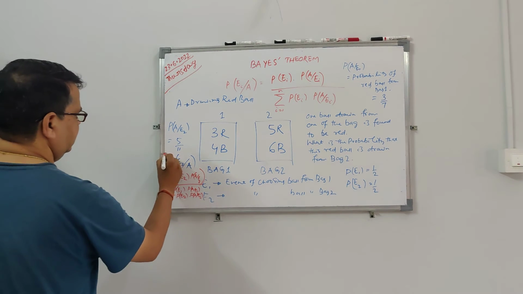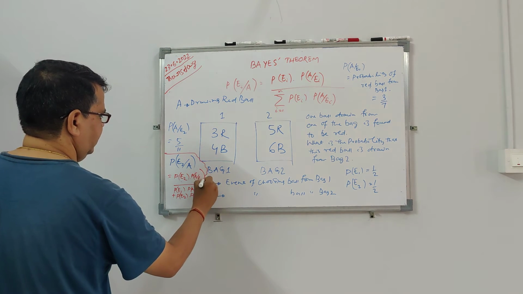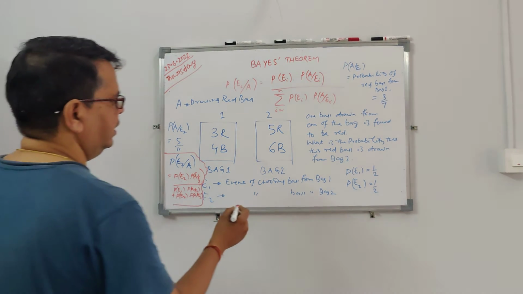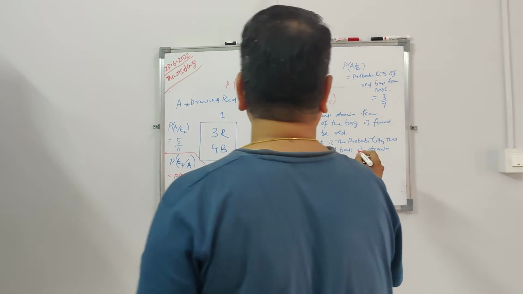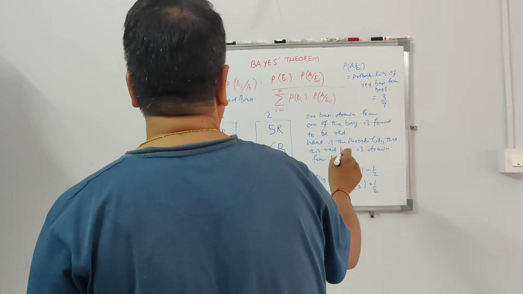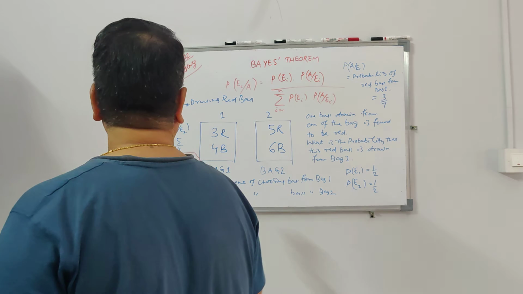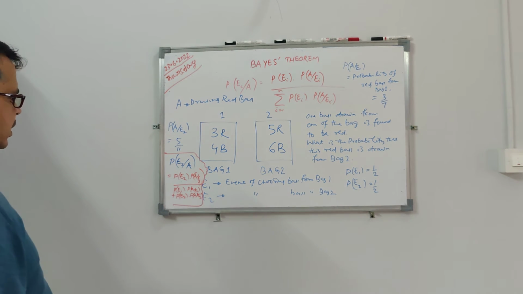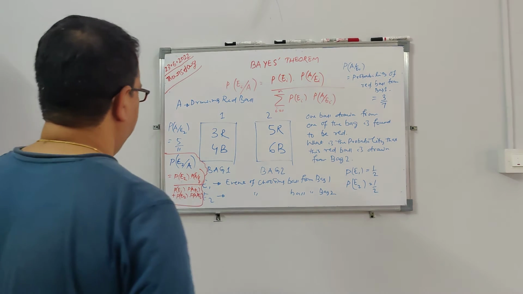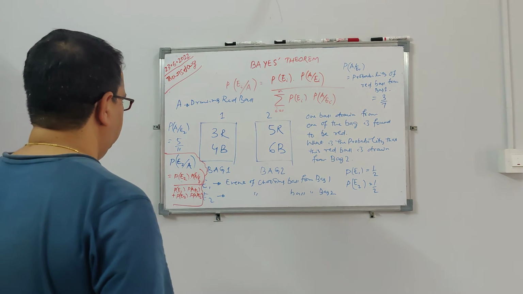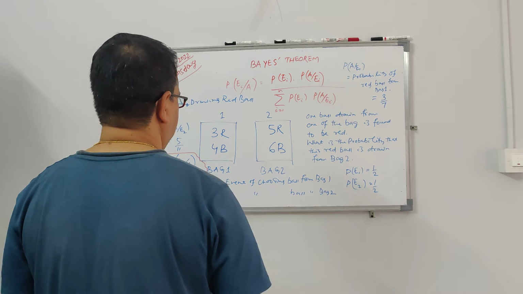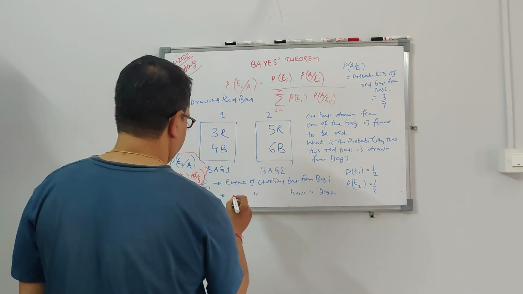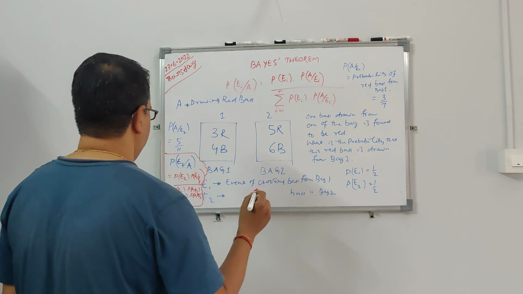This is what you want, right? Now you know everything: P(E2), P(A given E2). So it is 1 by 2 into 5 by 11, divided by the same thing plus 1 by 2 into 3 by 7. So what will it be? Can you tell me? 1 by 2 into 5 by 11.